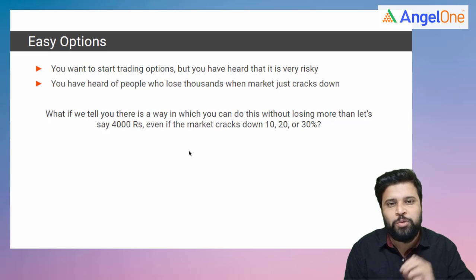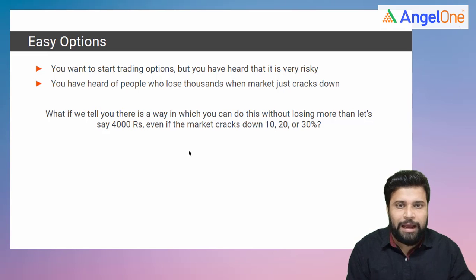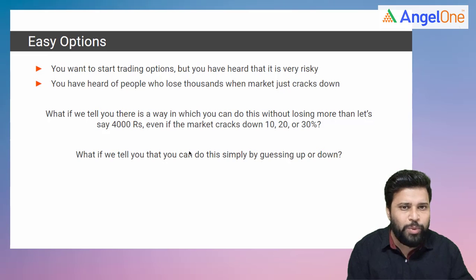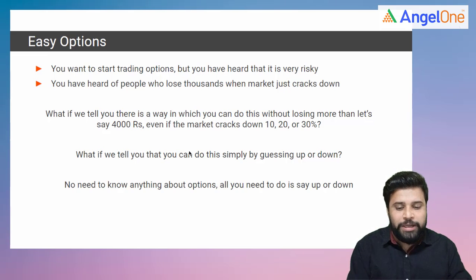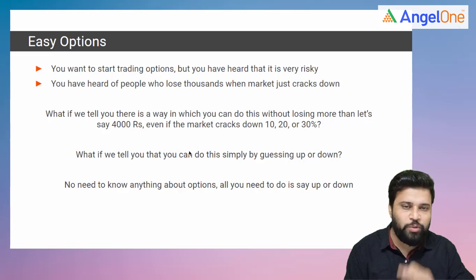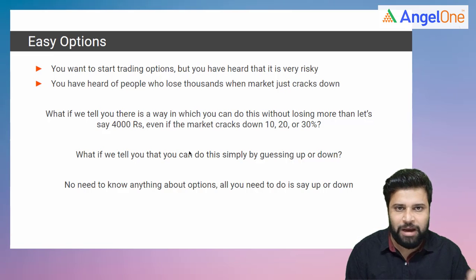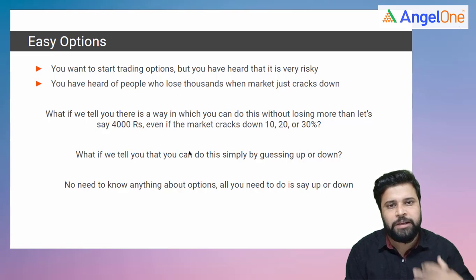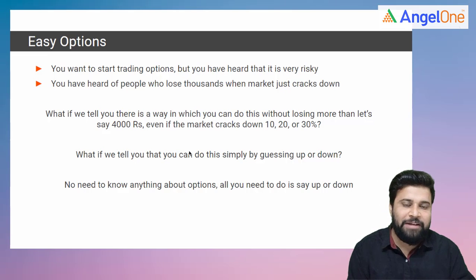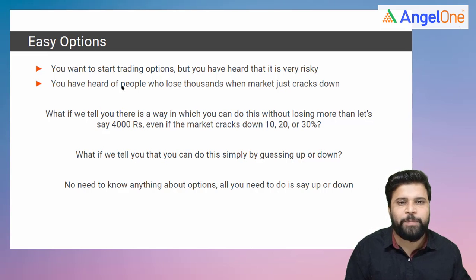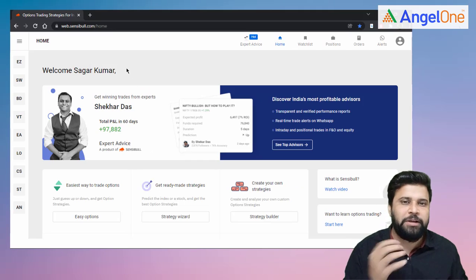And what if I tell you you can do it by simply guessing up, down or neutral, and there is no need to know anything about options? You just have to guess the market direction, up, down or neutral, and we will give you the best option trade with limited loss. So we'll go ahead and see how this particular feature works.